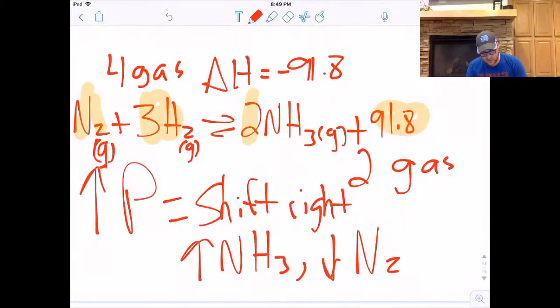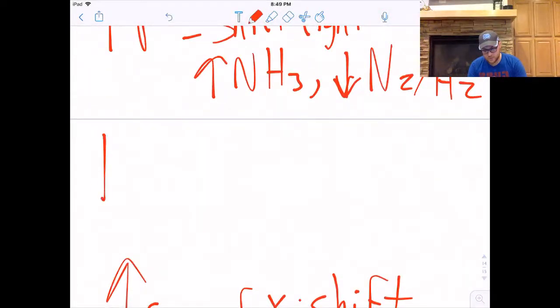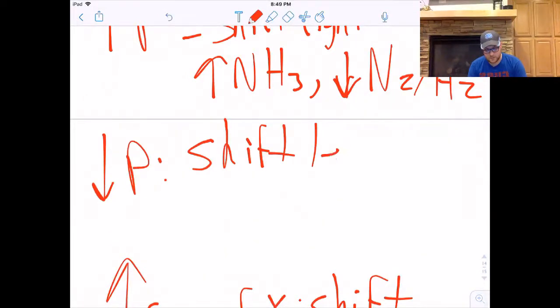And the only way the reaction knows how to do this is to shift to a side where there's more pressure. Shift to a side where there's more stuff, the side with less volume, which in this reaction is the left side, because that's where there's more gas. So this is going to cause an increase in the production of N2 and H2 and a decrease in the amount of NH3.